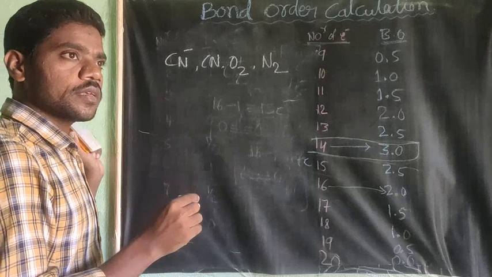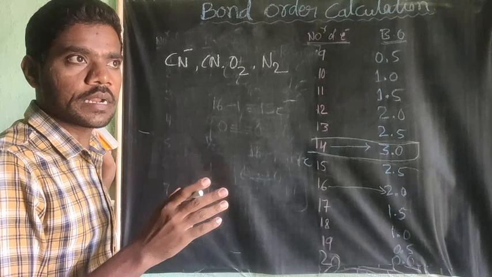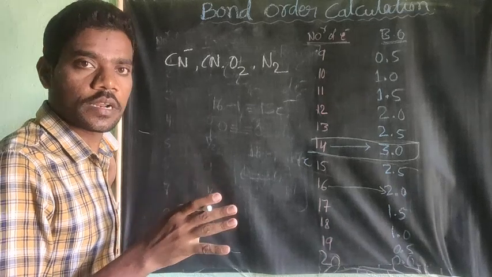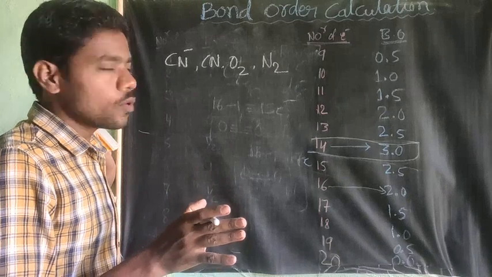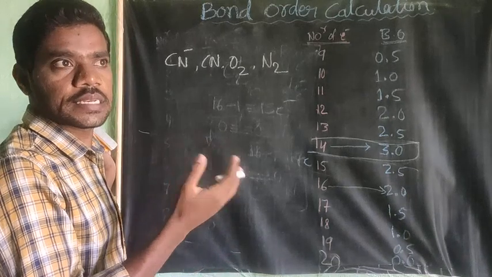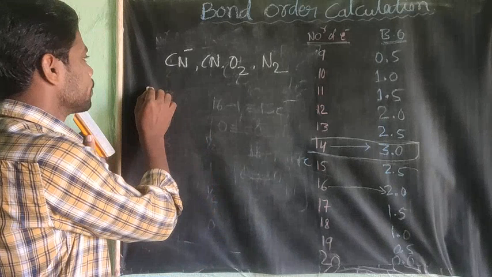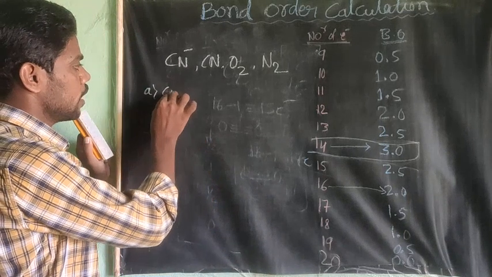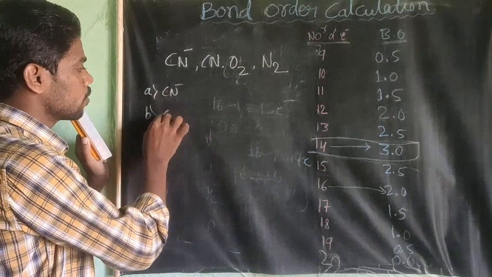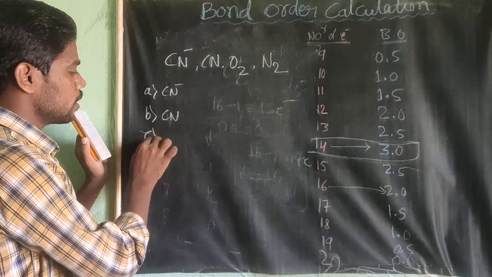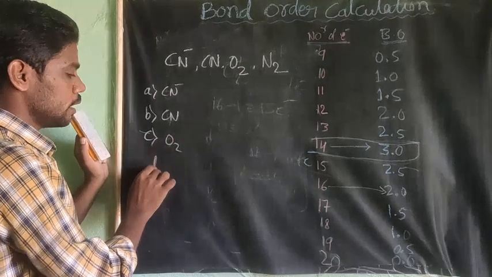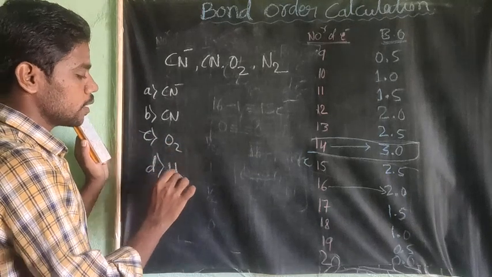Among them, which has the highest bond order? Option A, CN minus. Option B, CN. Option C, O2. Option D, N2. They ask questions like this only.